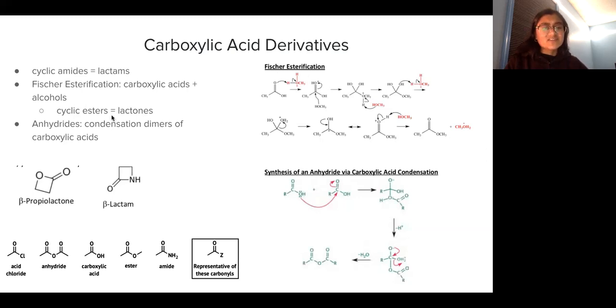Also know that cyclic esters are called lactones. So I have a lactone here and a lactam here, and this is the non-cyclic version for amides and esters. And as well, important to know, anhydrides are condensation dimers of carboxylic acids, and the synthesis of that is drawn out here.